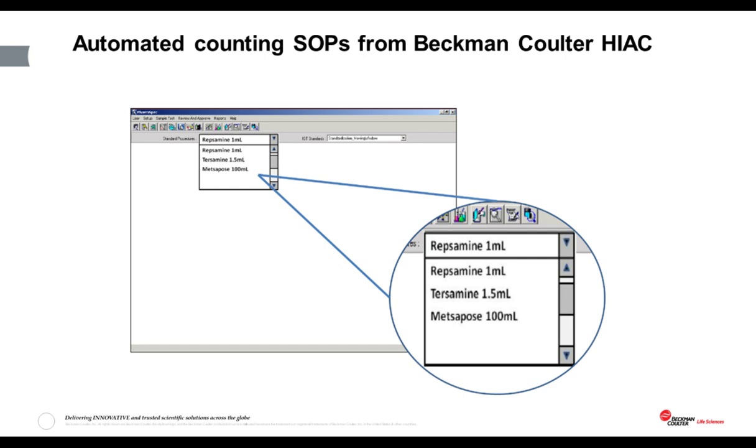So you have a list of the product names instead of a list of the compendial tests, and all the user now does is simply select the required test for each sample by selecting the product by name from a drop-down menu. The counter then automatically applies the correct compendial test for each product, and there are no manual calculations as the correct compendial pass-fail criteria for each product are applied and a report is automatically generated.